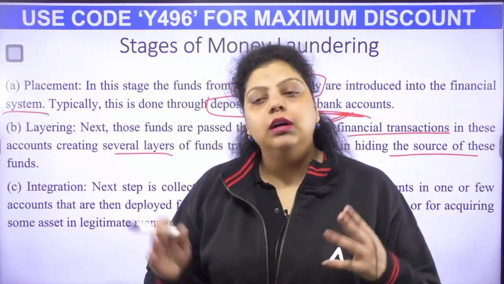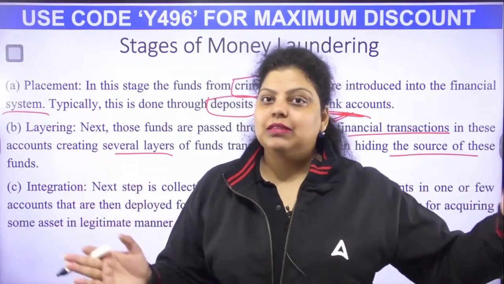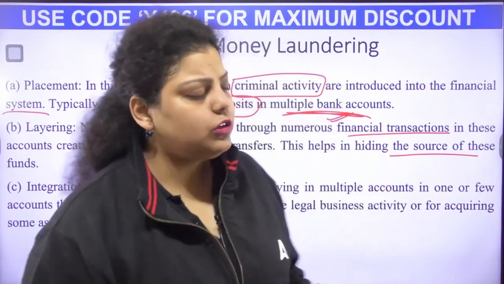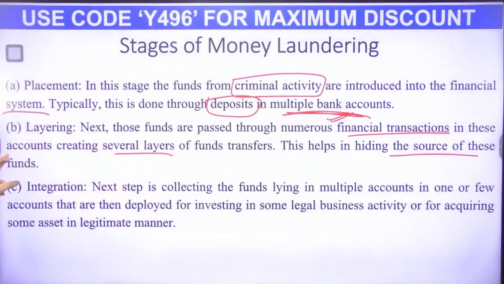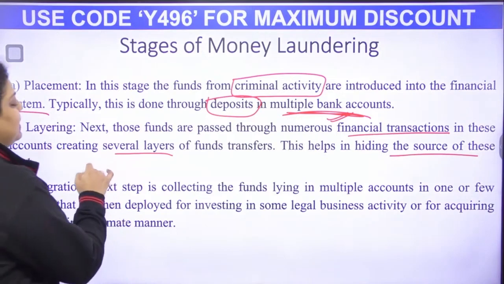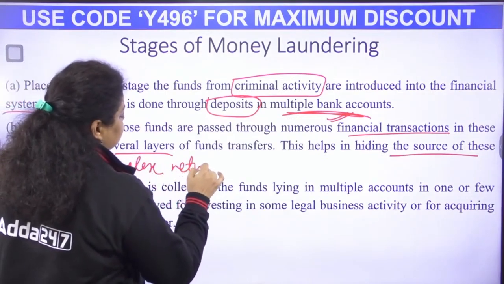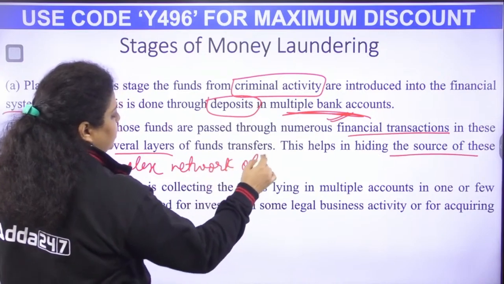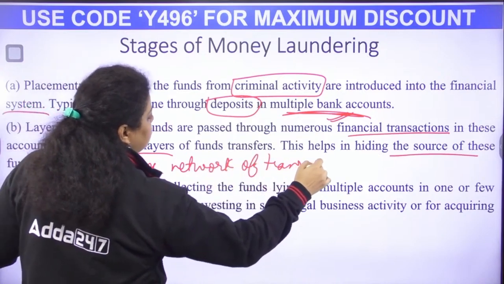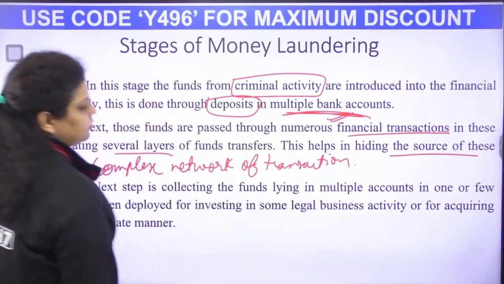Or you can create a number of transactions by investing in different markets as well. So it's very important in the layering stage that you create a complex network of transactions, so that your money will not be easily found.